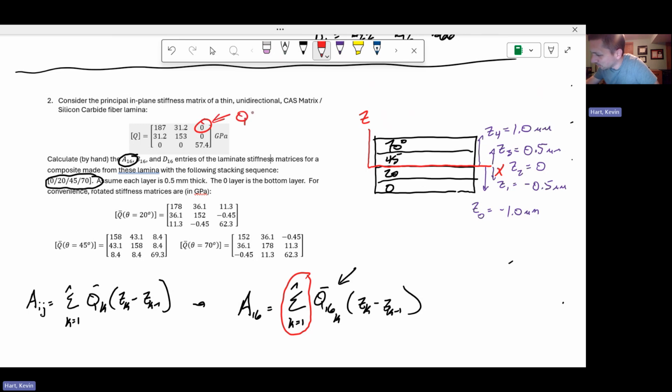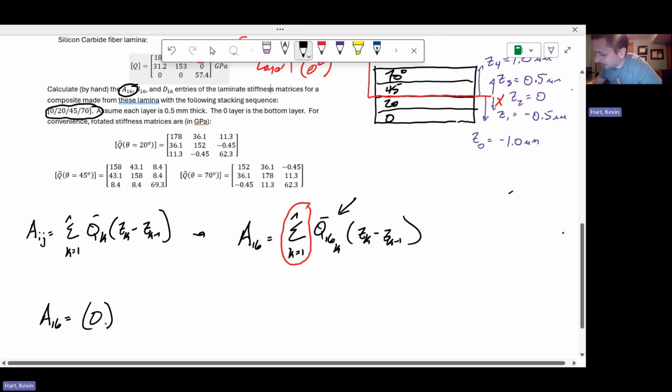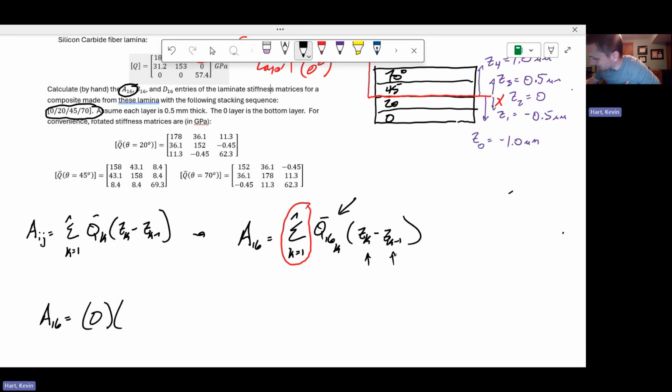This is Q bar 16 of the 0-degree layer, which is layer number 1. So we're looking strictly at the first layer, and Q bar 16 for layer 1 is 0. We're going to multiply here by (zk minus zk-1). So for layer number 1, it's Z1 minus Z0.